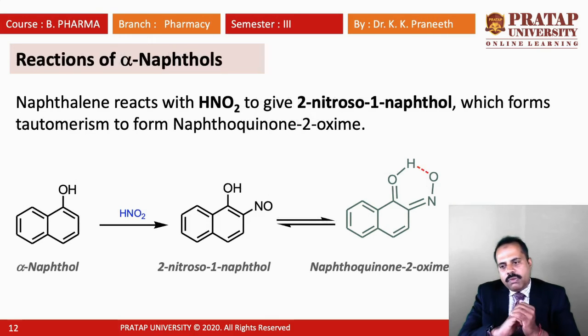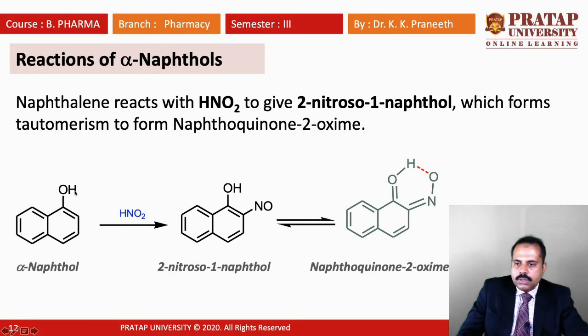Now, let us see some of the two important reactions of alpha and beta naphthols. First, reactions of alpha naphthol. If you take the alpha naphthol and add HNO2, you will get a nitroso group attached here. So, this is an important reaction to get the nitroso compound.